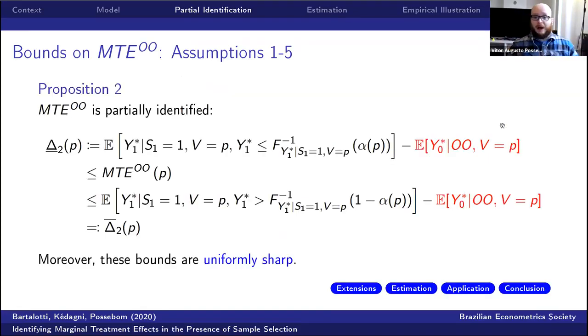And as a consequence, the bounds become much simpler. Now we still have trimmed means, but one part of our bounds is point identified. And moreover, the bounds under assumptions 1 through 5 are once more uniformly sharp, following the same definition as before.